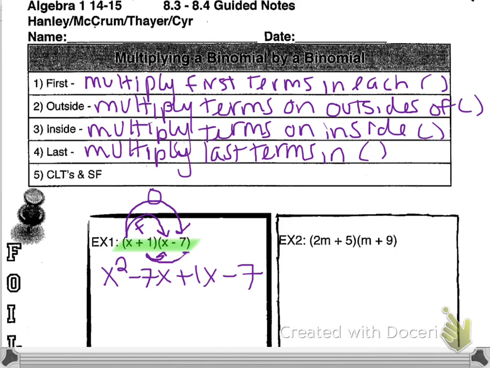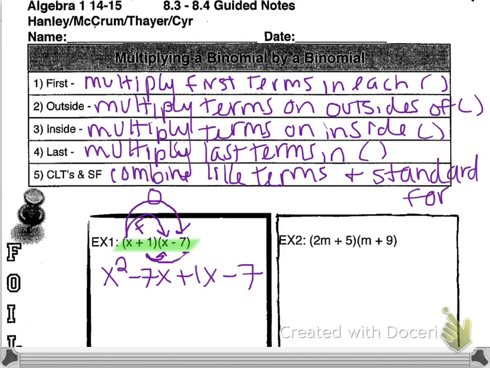Alright, so let's go ahead and look at the last step here, CLT and SF. That stands for combine like terms and standard form. Combine like terms, which we're used to. You should always be able to combine your outside and your inside steps. Not always, but most of the time. And then you want to make sure that it is in standard form.